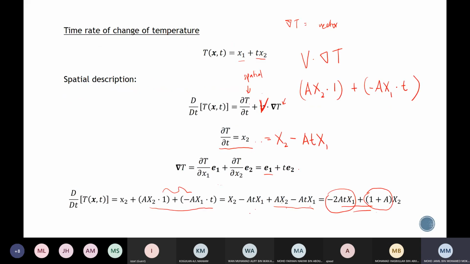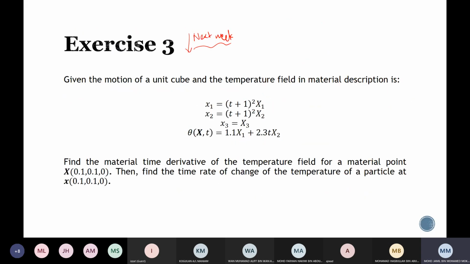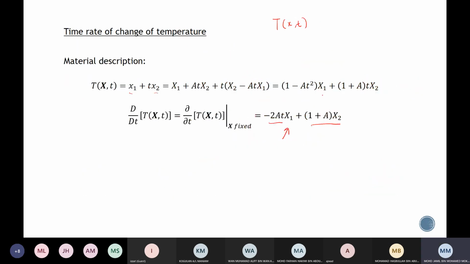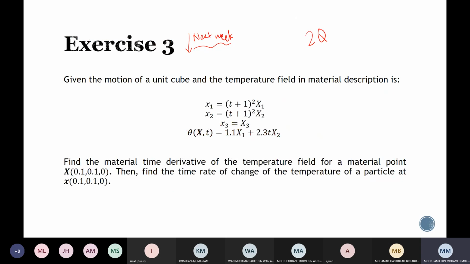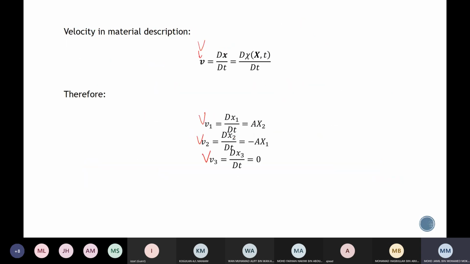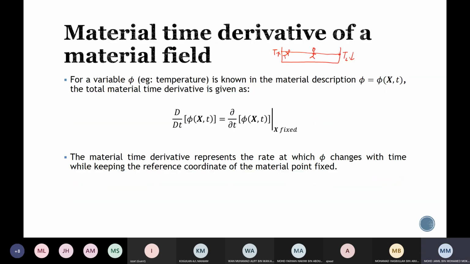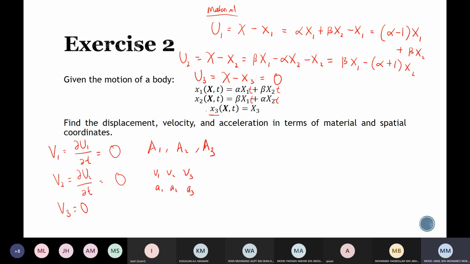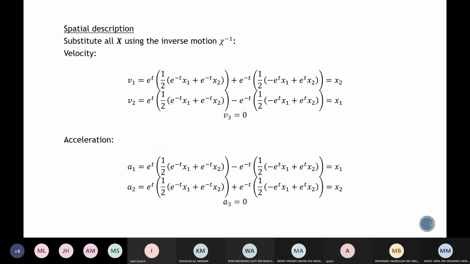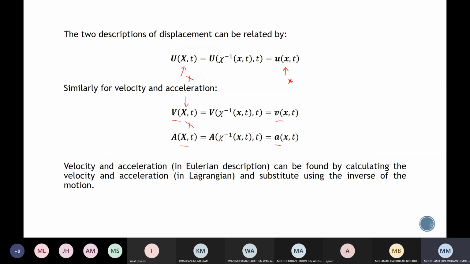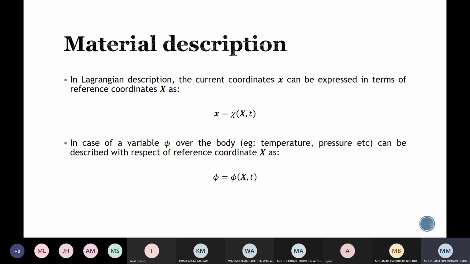So I think 2 questions for the midterm will come out from this topic. Not from exercise 3, exercise 3 will not come out. So it will come out from somewhere, determining velocity, acceleration, or something that requires you to sketch.